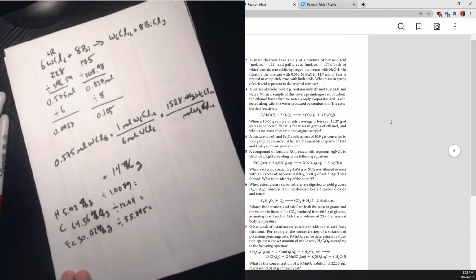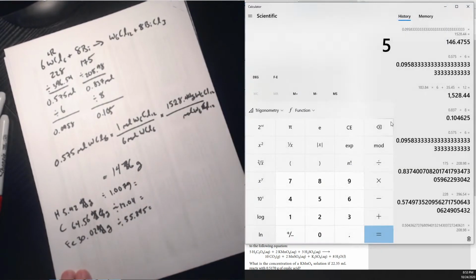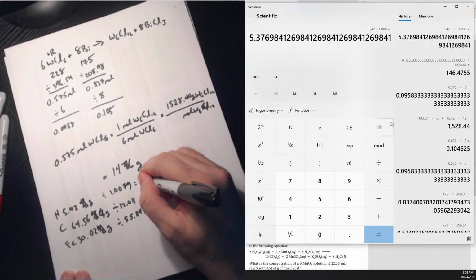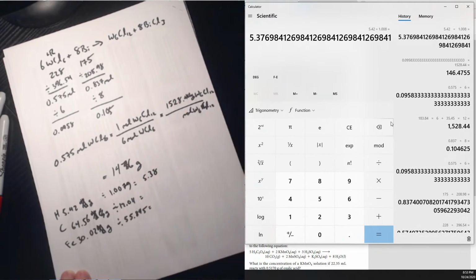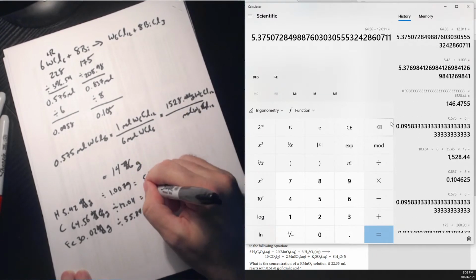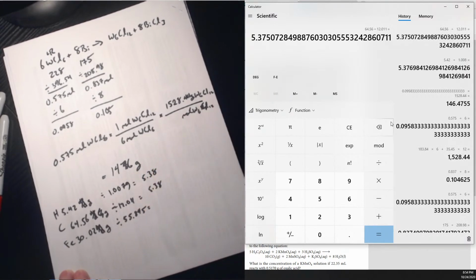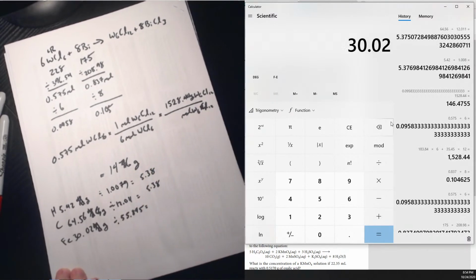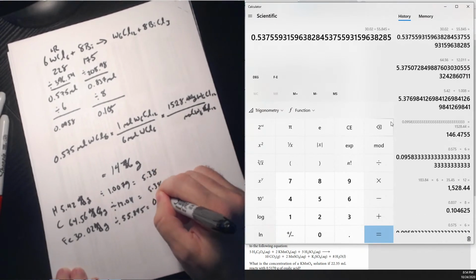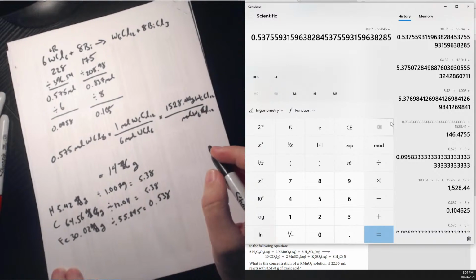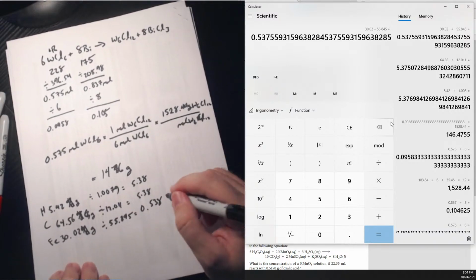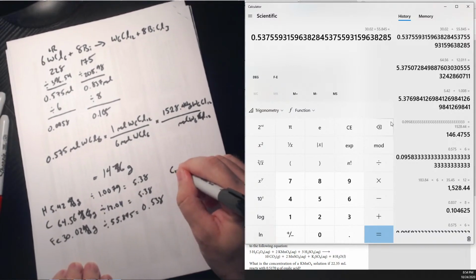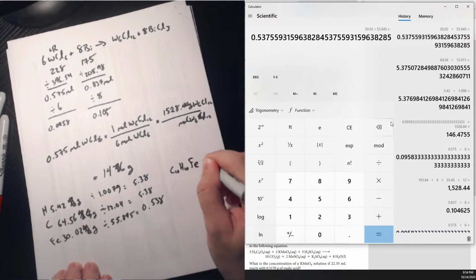We're converting to moles. 5.38, 5.38, 0.538. So now we divide them all by the smallest number, and we're going to get C10H10Fe.